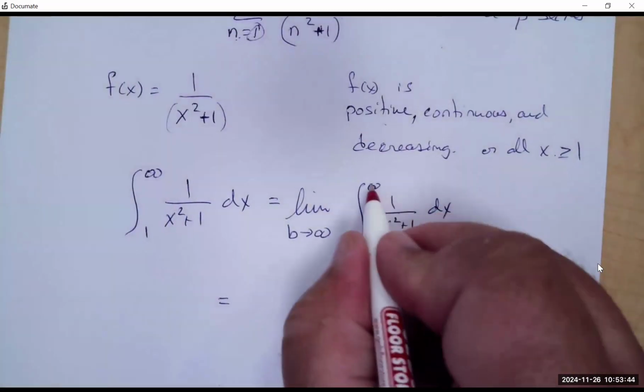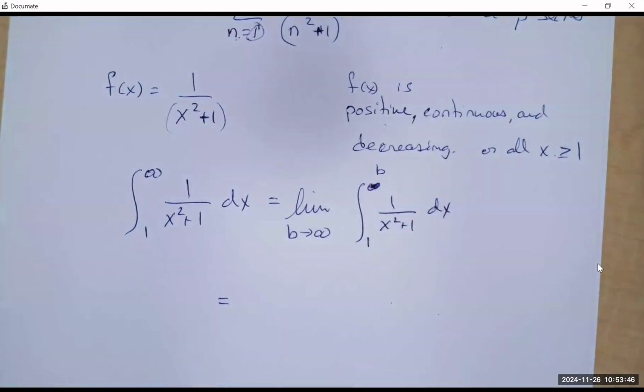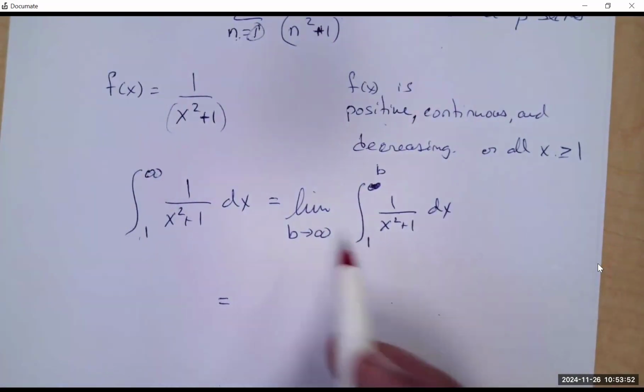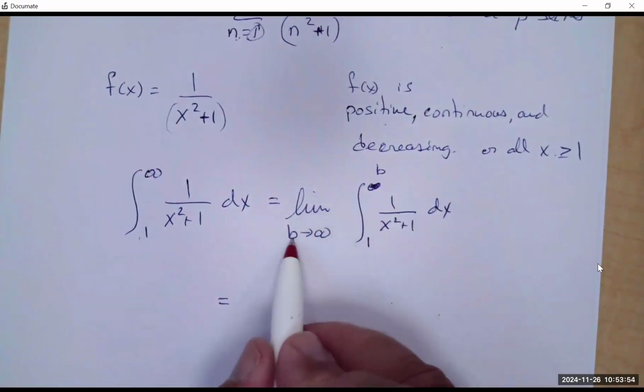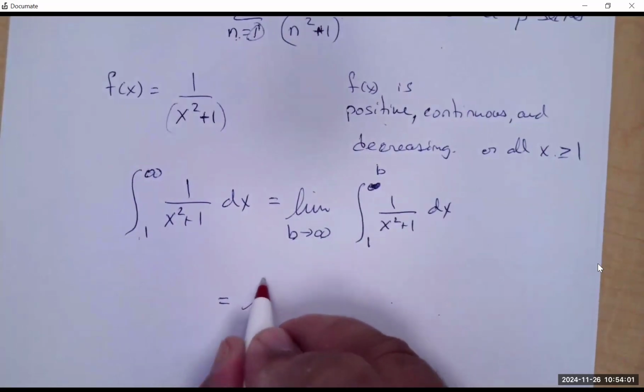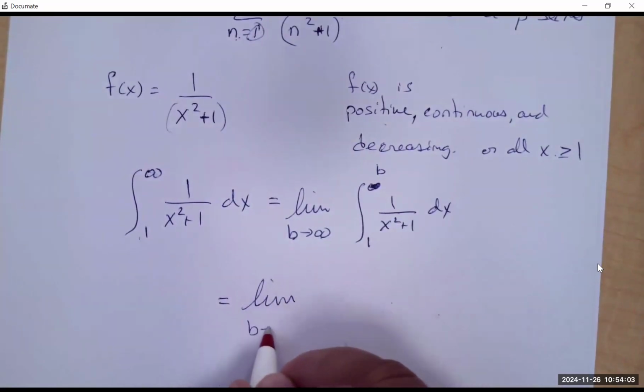That's the transformation we have to do, because we're going from 1 to infinity. It's the Riemann sum, the limit as b goes to infinity of this integral.